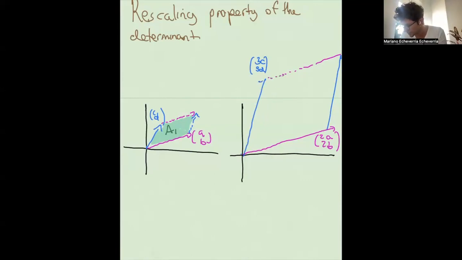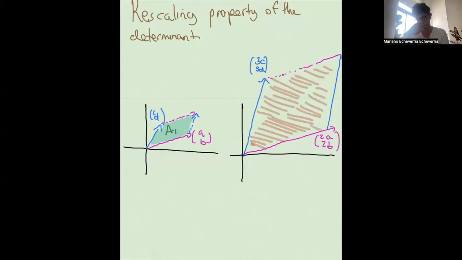So the question is now, again, I made the first vector 2 times bigger, and I'm making the second vector 3 times bigger, right? So what's the relationship between this new area, the area of the new parallelogram, and the area of the first one? Can anyone think about what the relationship would be?